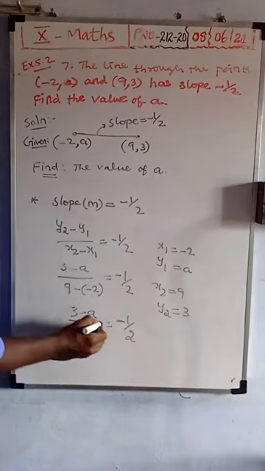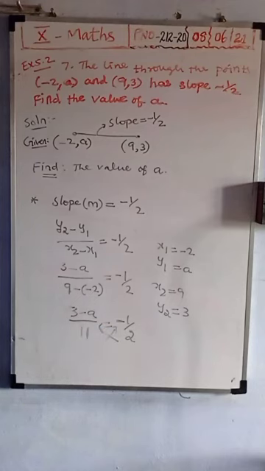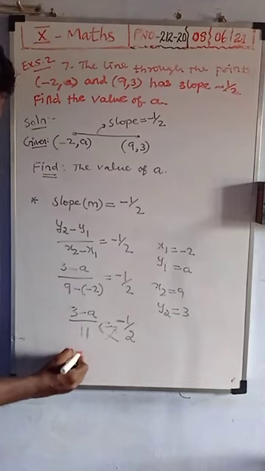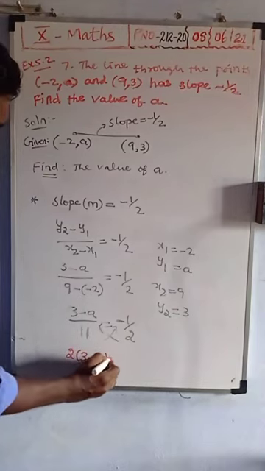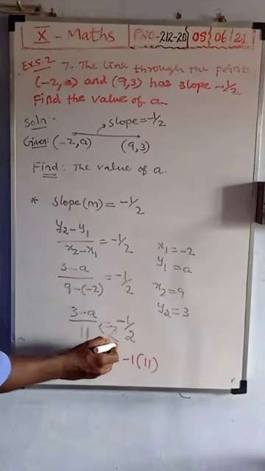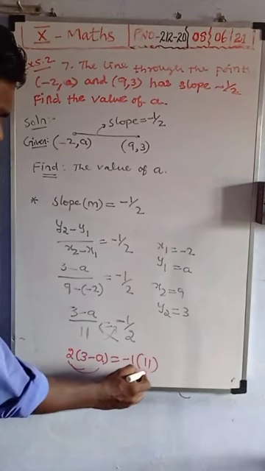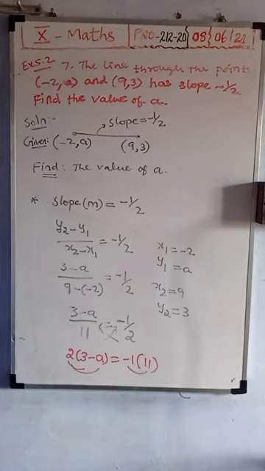Now doing cross multiplication, 2 times of 3 minus a is equal to minus 1 times of 11, which is minus 11.